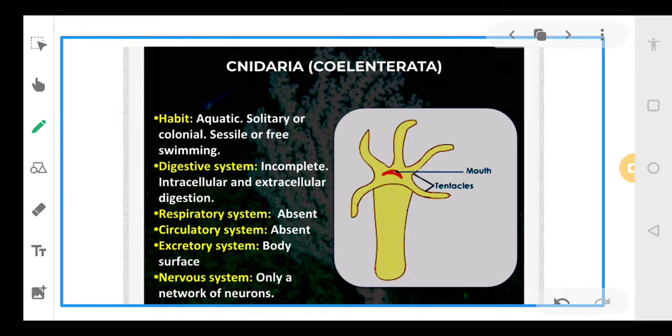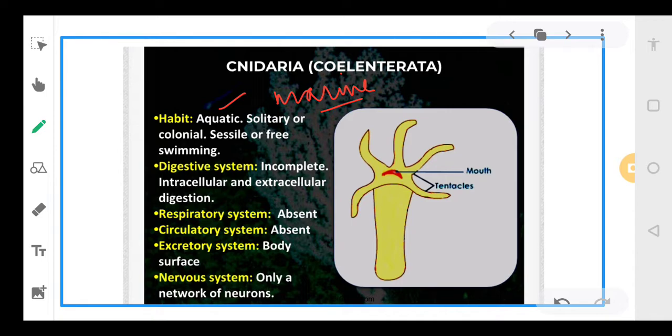Now, coming to the Cnidarians or Coelenterata, these organisms are generally found in water, so they are aquatic. Mostly they are marine, meaning they are found in sea water. They may be sessile or free swimming. Sessile means they are fixed at one point, or they may be moving from one place to another.